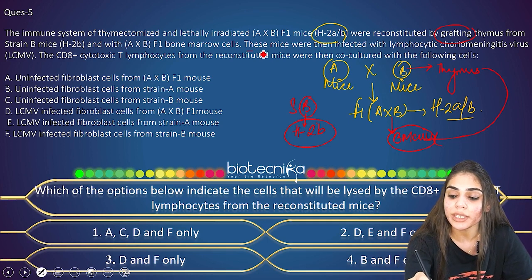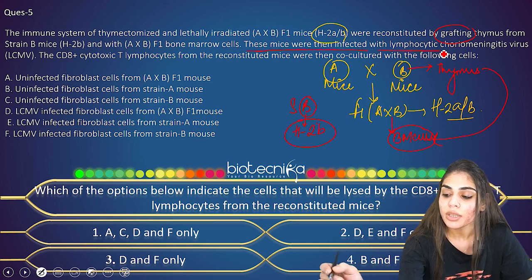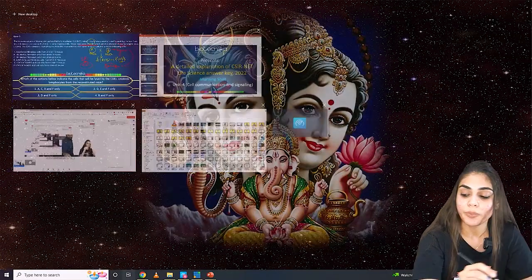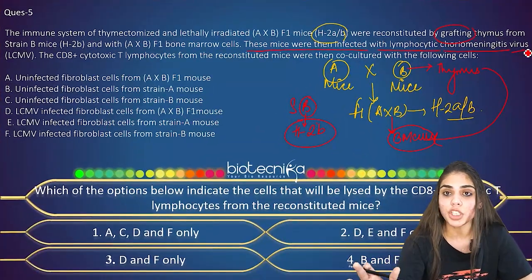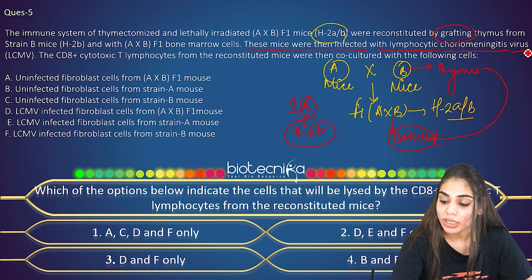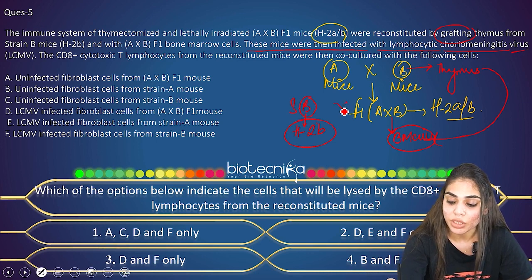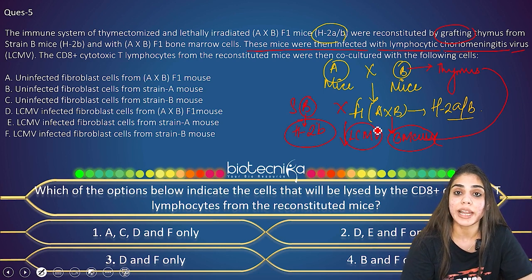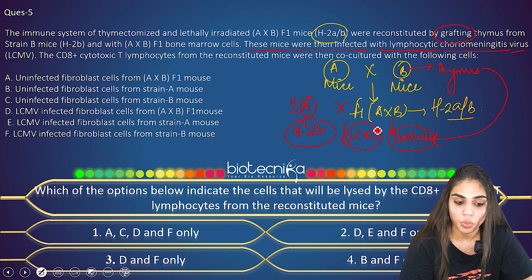The mice were then infected with lymphocytic choriomeningitis virus, that is LCMV. Now the reconstituted mice that has a thymus from the strain B mice. So this was F1 progeny and the thymus was grafted from strain B. Now this reconstituted mice was infected with LCMV virus, means this is a kind of virus that is infecting these mice.